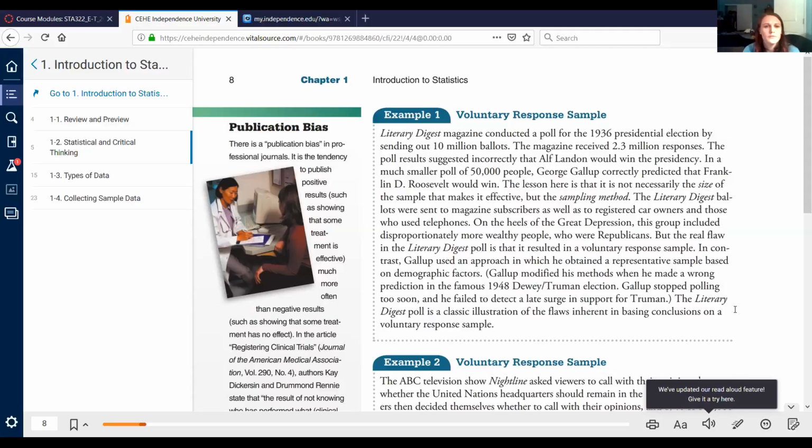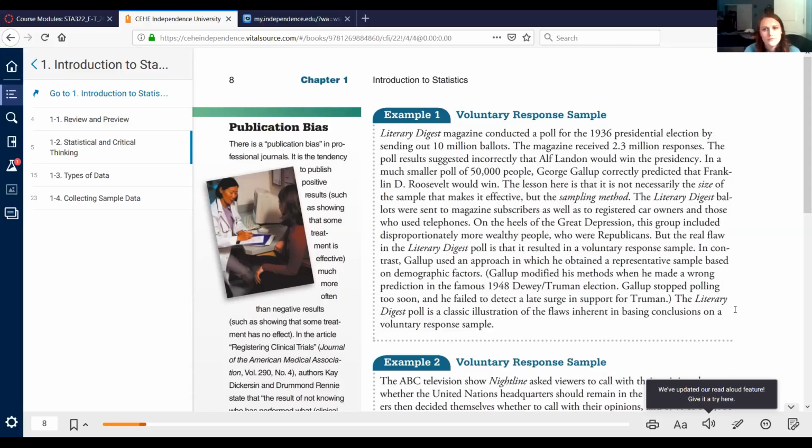So he probably ended up with a much more evenly distributed sample, whereas the sample from the Literary Digest, by choosing people with money, tended to be smaller.